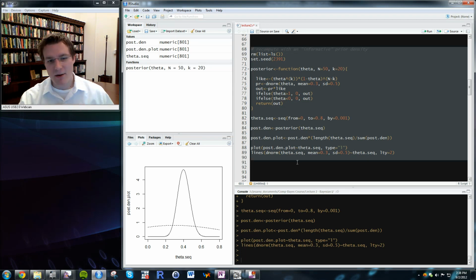And my posterior has spread out accordingly and is centered on 0.4, which, in other words, is closer to what we saw in the flat prior, where I was completely unconvinced. I had no conclusions about the value of theta, whether the coin was biased, prior to my experiment.